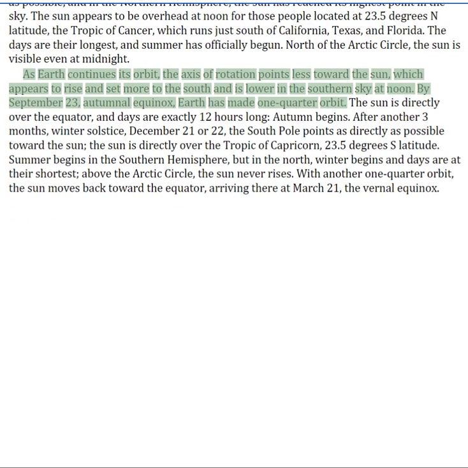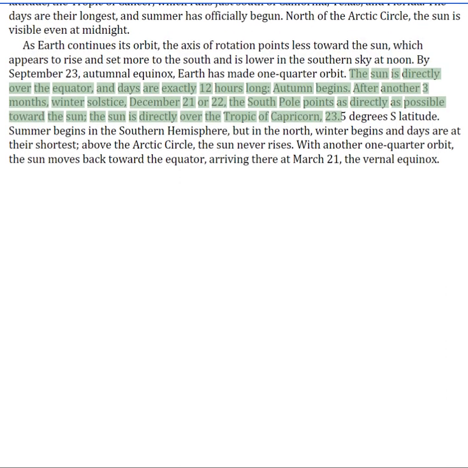As Earth continues its orbit, the axis of rotation points less toward the sun, which appears to rise and set more to the south and is lower in the southern sky at noon. By September 23rd, autumnal equinox, Earth has made one-quarter orbit. The sun is directly over the equator, and days are exactly 12 hours long. Autumn begins. After another 3 months, winter solstice, December 21st or 22, the South Pole points as directly as possible toward the sun.